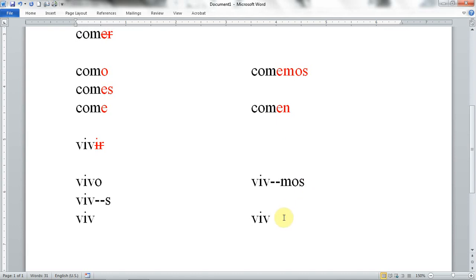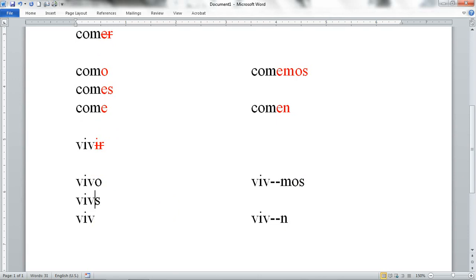Any form of ellos, ellas, ustedes in any tense has N at the end. Now we just need to supply the correct vowel, or in the case of IR verbs, vowels. IR verbs are going to be very similar to ER verbs, except for one person.